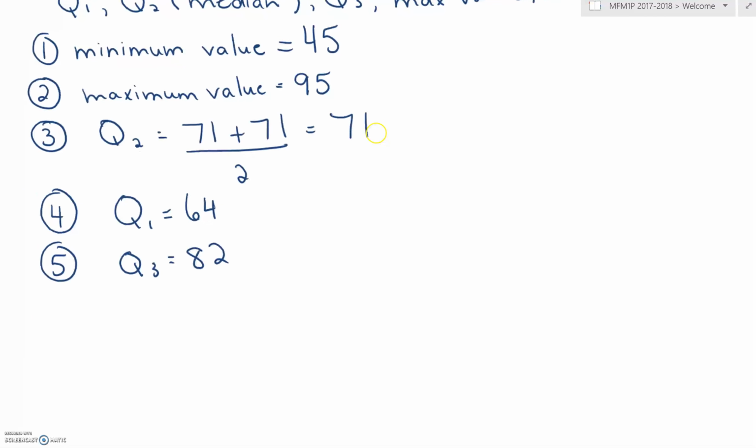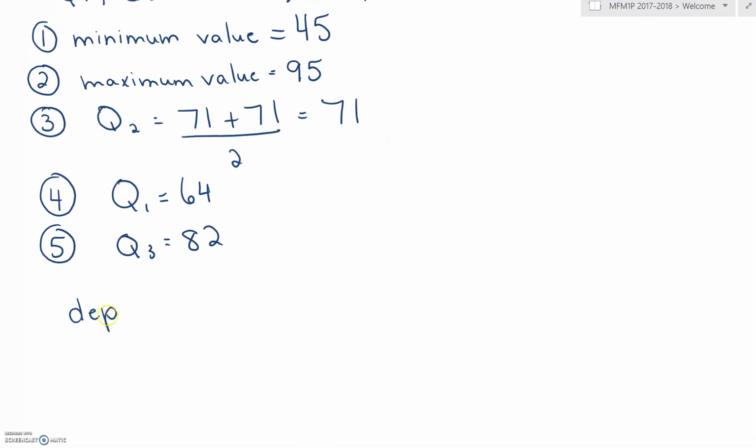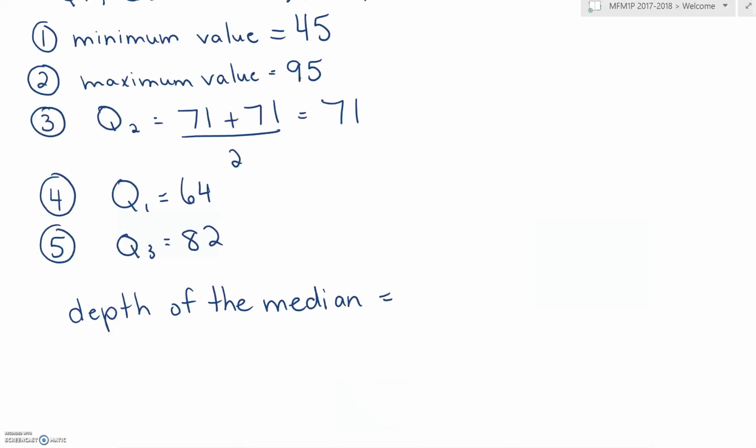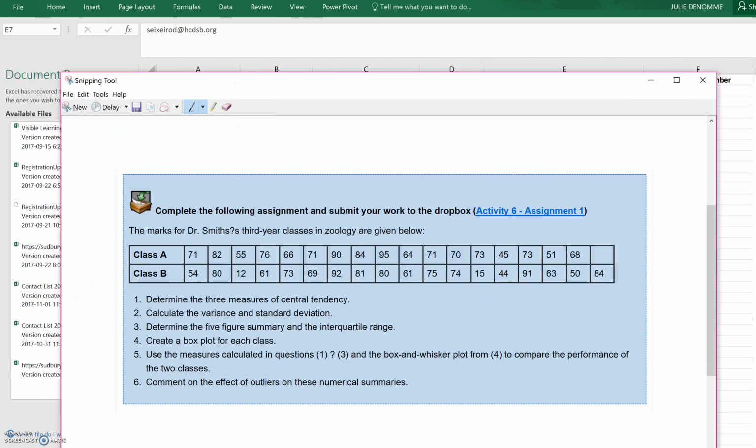So I'm just going to write depth of the median. I'll write the formula first, which if we go back to the content, is n plus 1 divided by 2. That's something you'll just have to memorize. I forgot how many data points we had, so I'm going to go back and count them. 16.